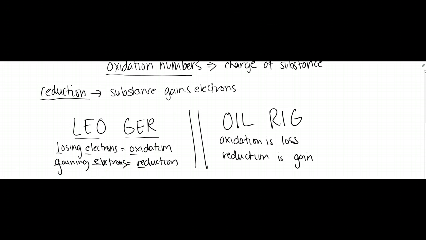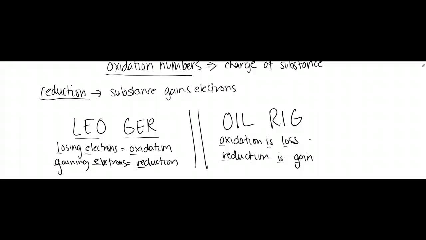The other one that some people prefer is OIL RIG: oxidation is loss and reduction is gain. You can pick your favorite one or make up your own to remember that oxidation happens when we lose electrons and reduction happens when something gains electrons.